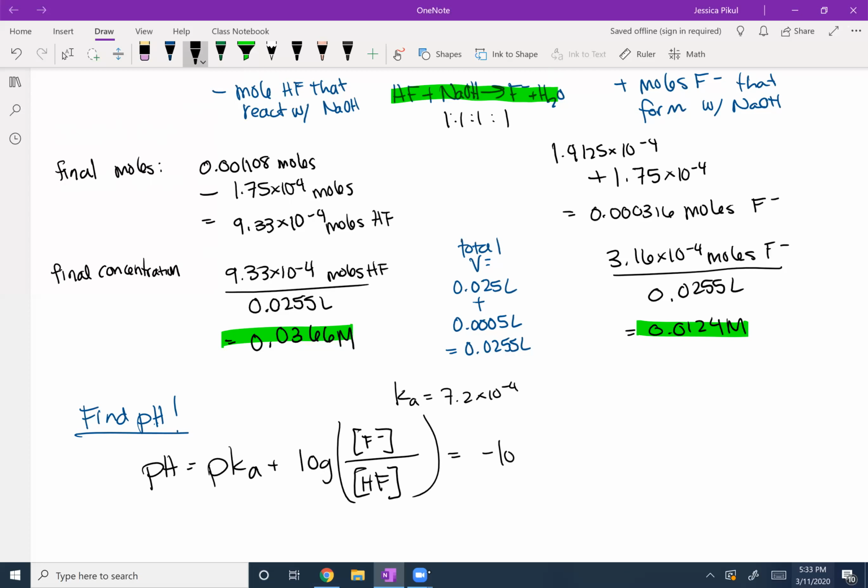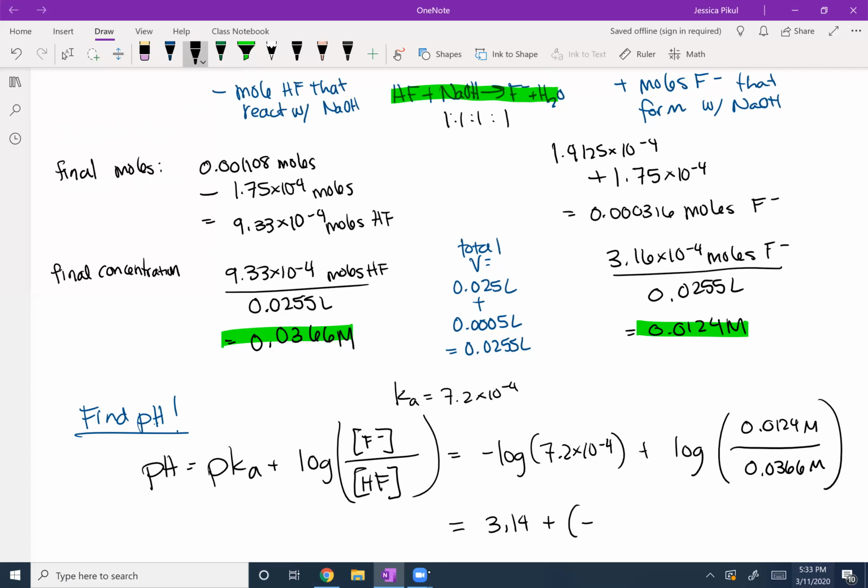So this will be the negative log of 7.2 times 10 to the negative fourth, plus the log of the concentrations we just calculated. Our fluoride was 0.0124 molar, and our hydrofluoric acid was 0.0366 molar. So this will be equal to 3.14 plus negative 0.47, which gives us a total of 2.67. So our pH, after we've added 0.5 milliliters of sodium hydroxide, will be 2.67. This is early in our titration, before we hit the equivalence point.